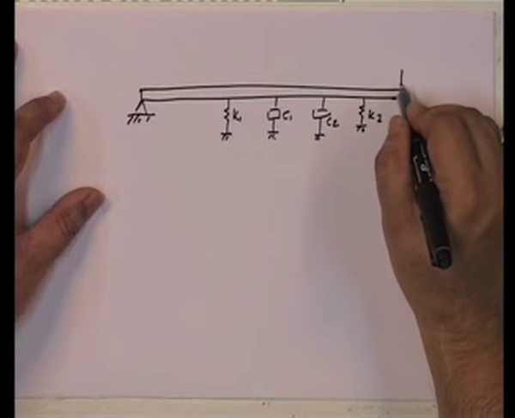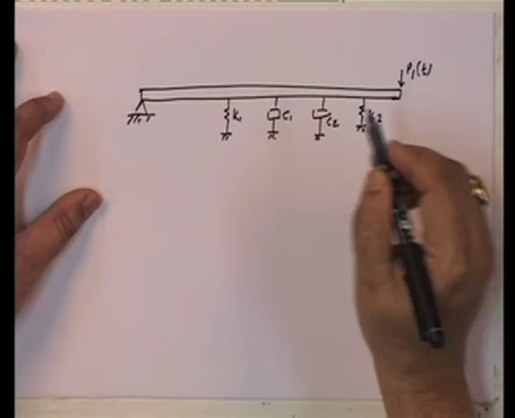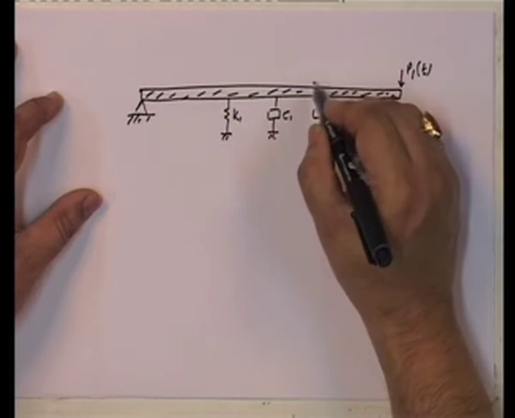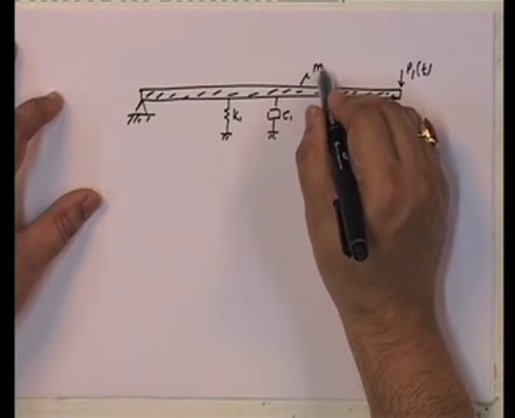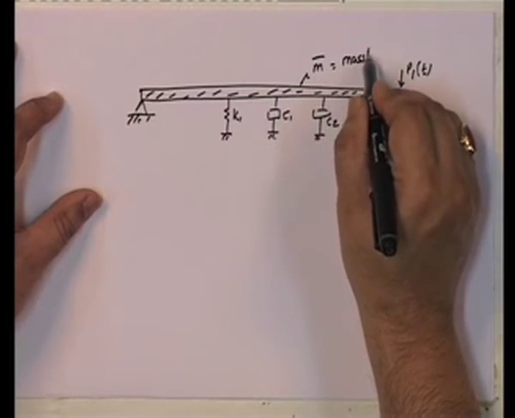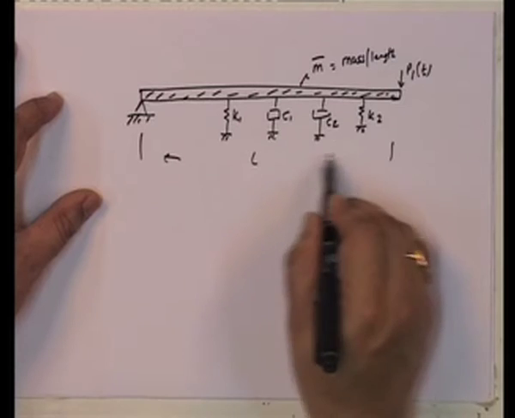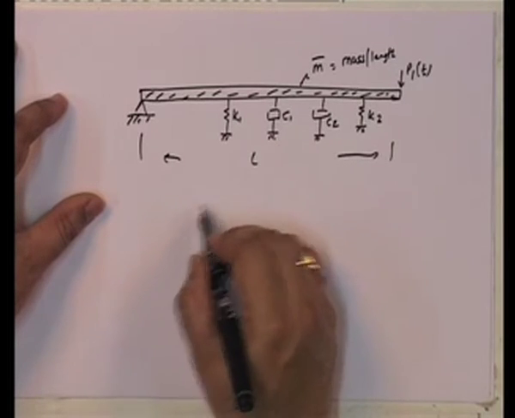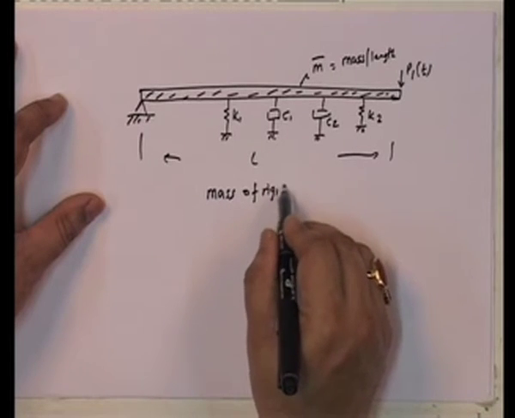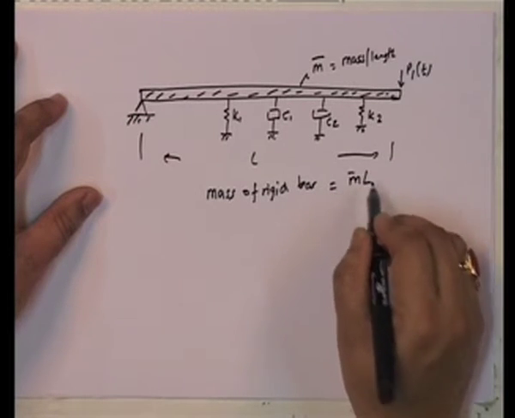And so, I have a load here, which is P1 of t, then I have this has mass m bar, which is defined by mass per unit length, and since I will call this length L, it is obvious that the mass of the rigid bar is equal to m bar L, obviously.